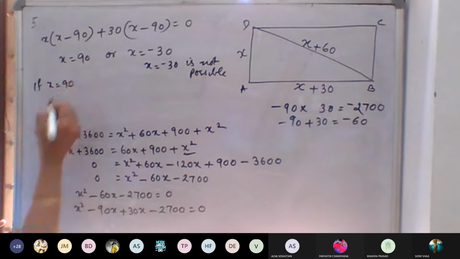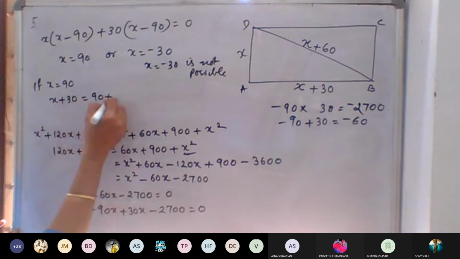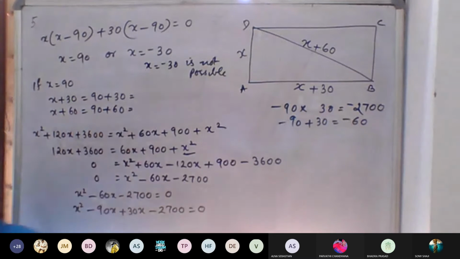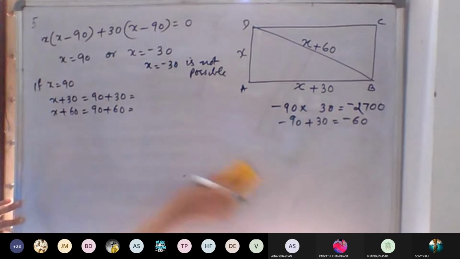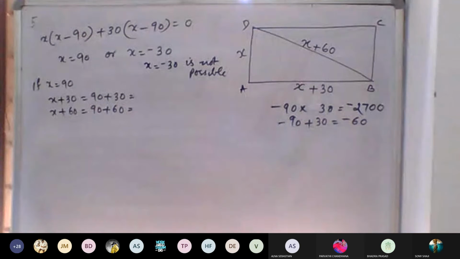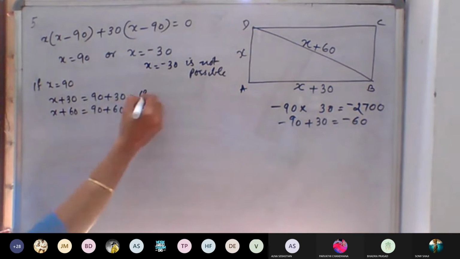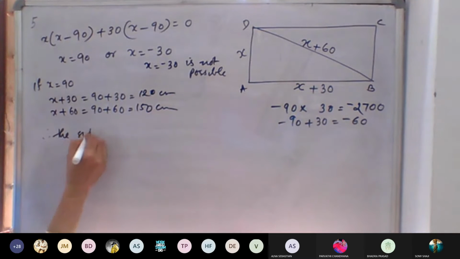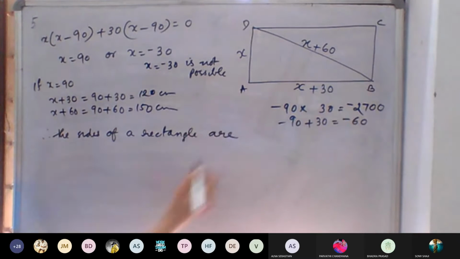If x is equal to 90, we have to find x plus 30. x plus 30 is equal to 90 plus 30, which is 120. So the sides of the rectangle are 90 and 120.